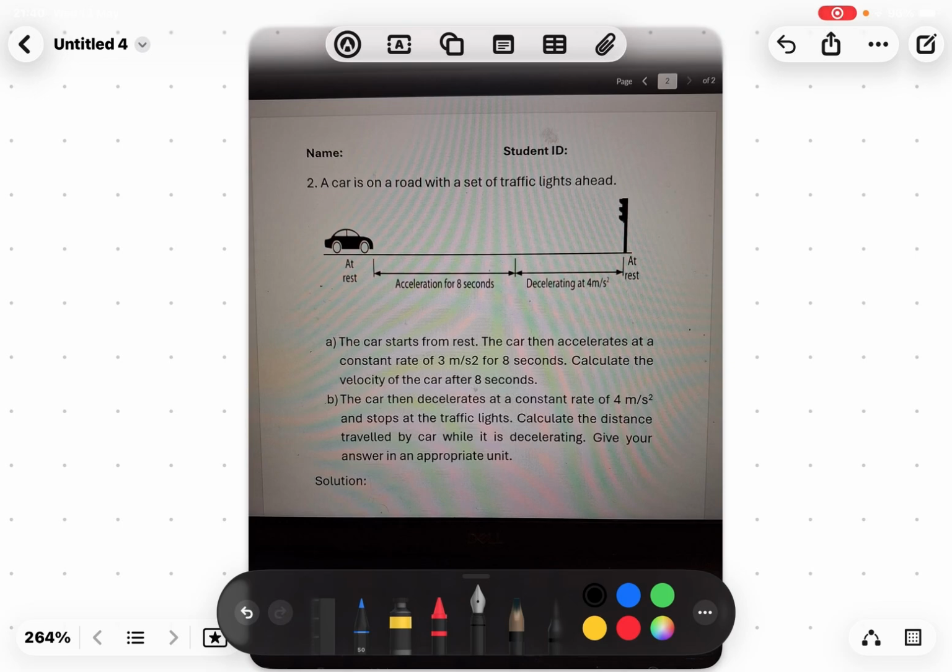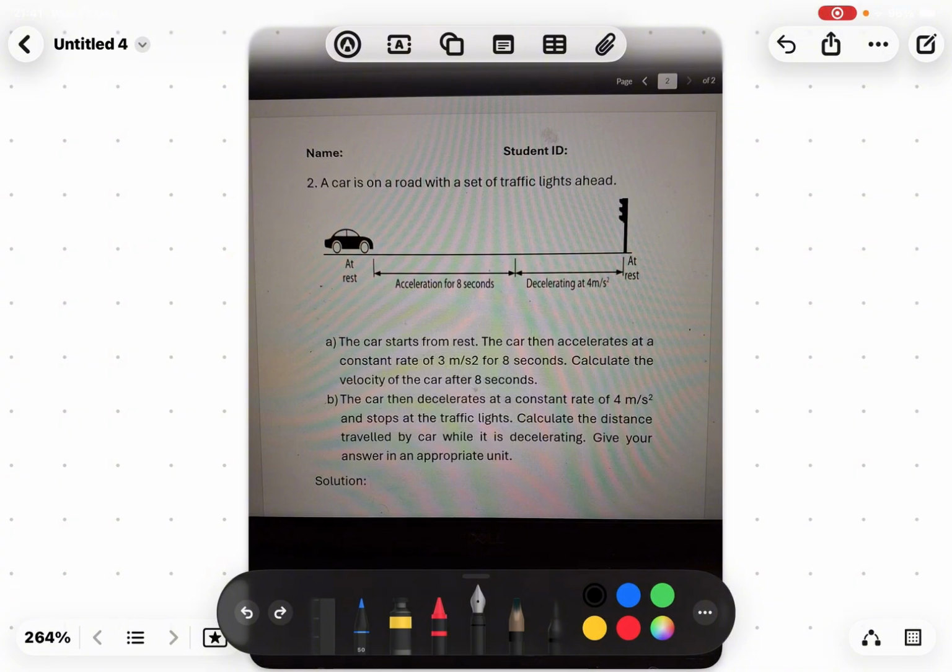So look, it accelerates for 8 seconds and is at constant acceleration 3 meters per second squared. Strangely, the squared is not on the top like here. It can't be seconds, because it would be written like this, so it's seconds squared. They just made this bad, like they're trying to trick us.